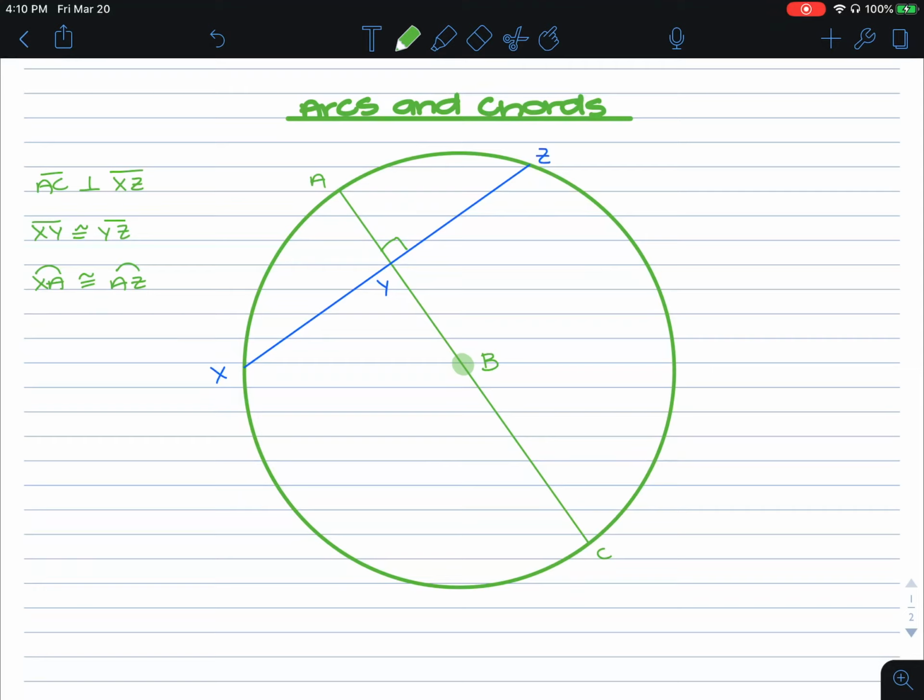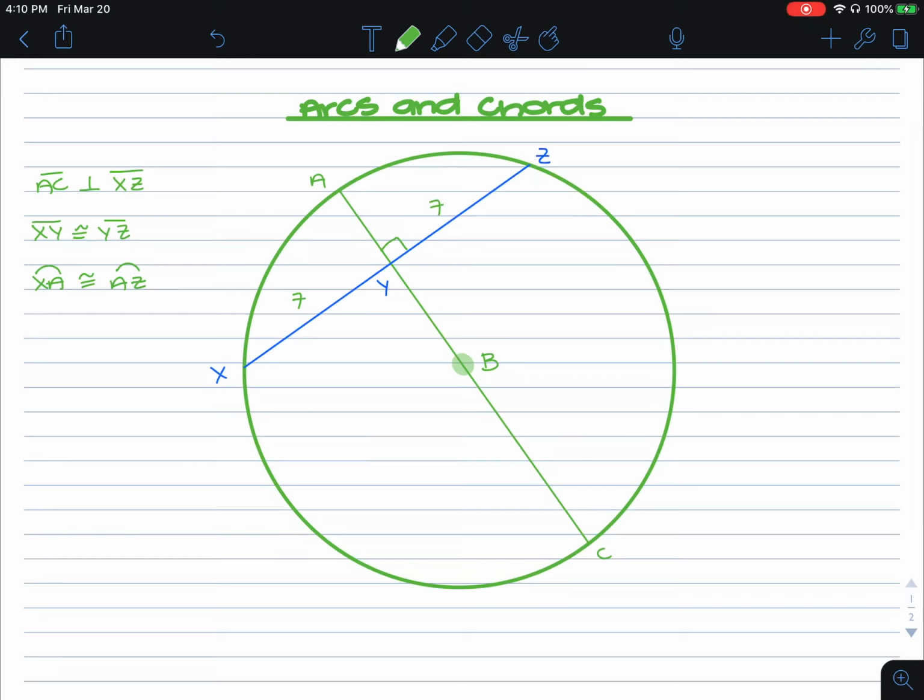Let's do some math to this. So let's say I had XY, let's say that was 7. Well, what's YZ? Well, because I know that they're congruent, YZ is the same measurement as XY, so it has to be 7 as well.